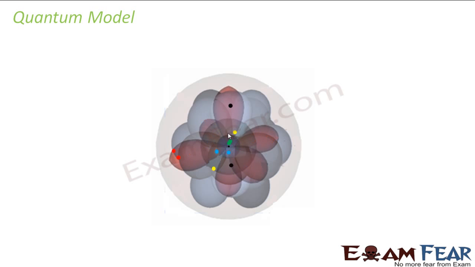I have shown a very slow speed, but actually they move around with a very high speed, in some orbitals, some path, or some probability zone, you can say, and that is what we call an orbital. That is the quantum model. If you want to learn more about this, you can watch my videos on the quantum model where we explain this properly. In fact, the equations of the quantum model were also discussed.